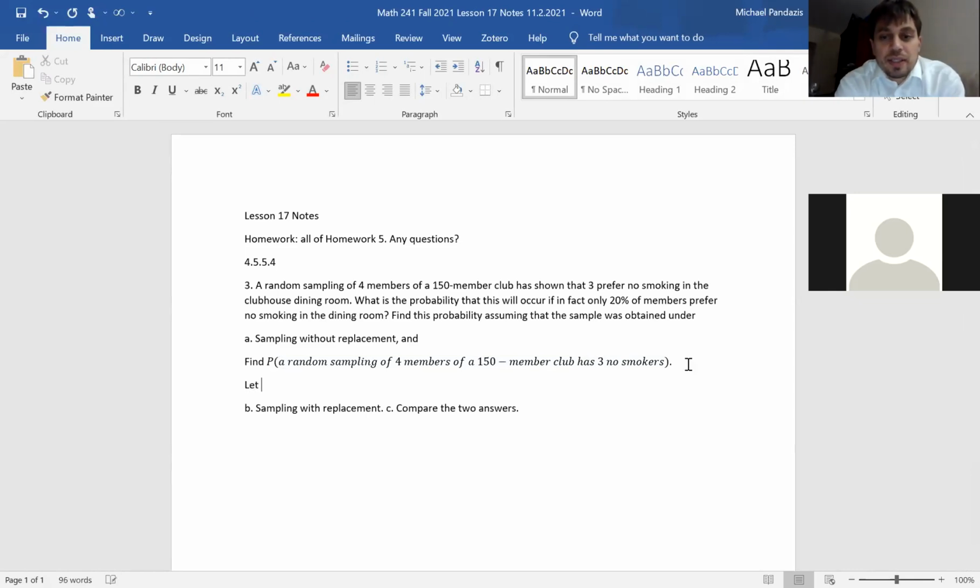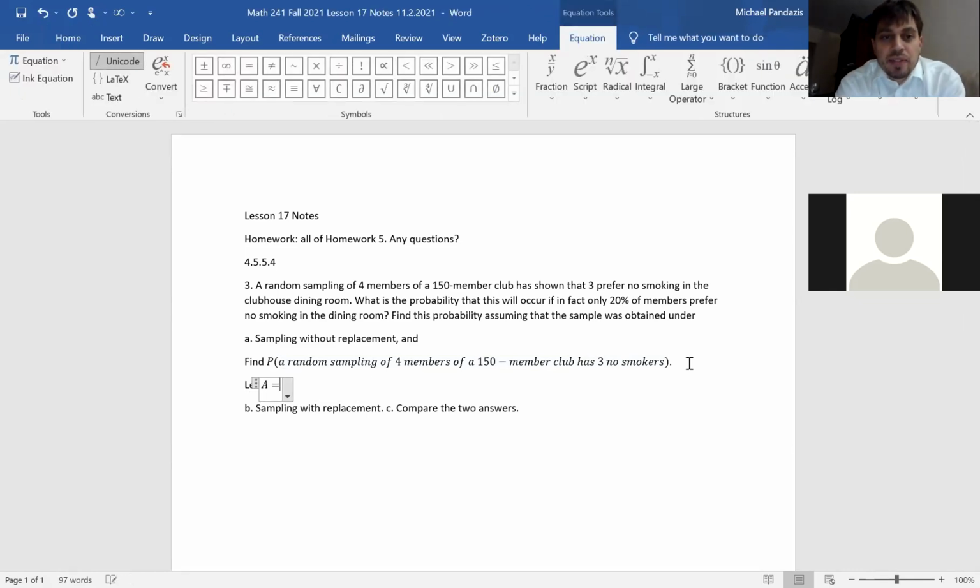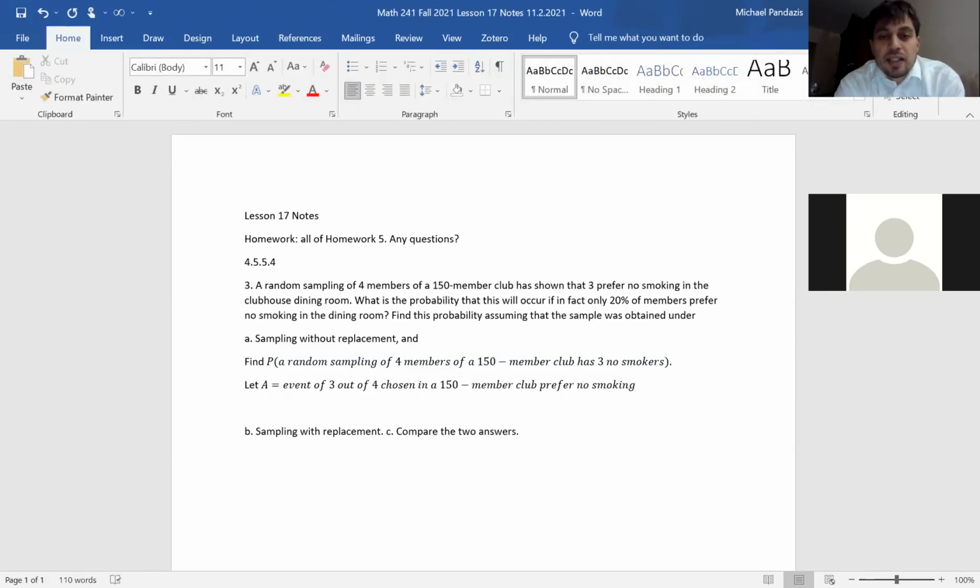So let capital A equal the event of 3 out of 4 chosen in a 150 member club prefer no smoking.